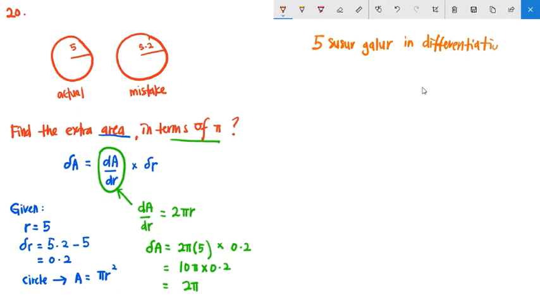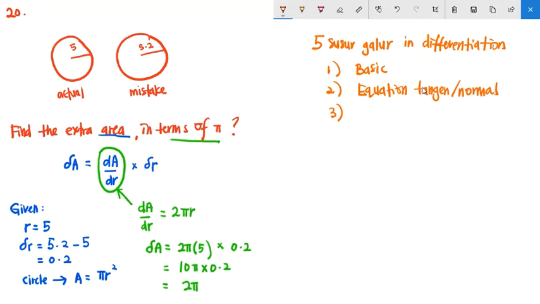I dah cover 4 lah. Okay. One is basic differentiation, how to differentiate. Number 2 is equation, tangent, normal.